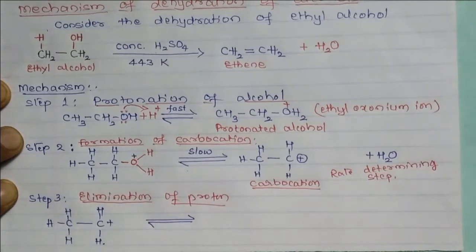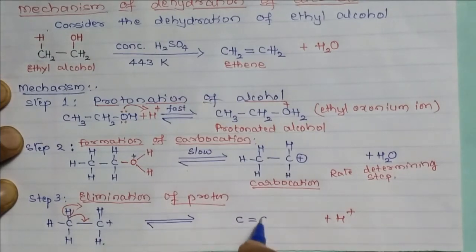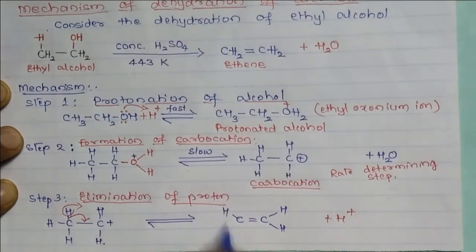Then the carbocation loses a proton, plus H plus, to form an alkene called ethene. You are going to get ethene, an alkene.